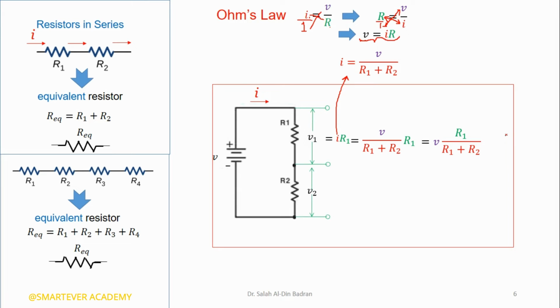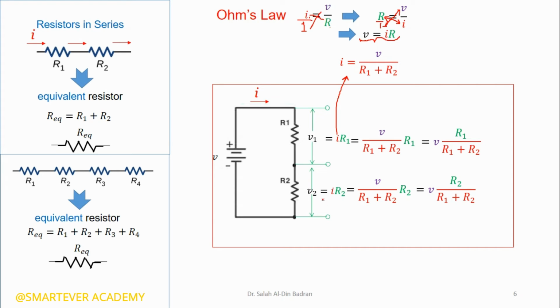The same thing we can do for the second resistor in the same way. Because I is the same, since they are connected in series, I is multiplied by the resistor R2. We use this formula, write it here, multiplied by R2, and again rearrange it to get this one.